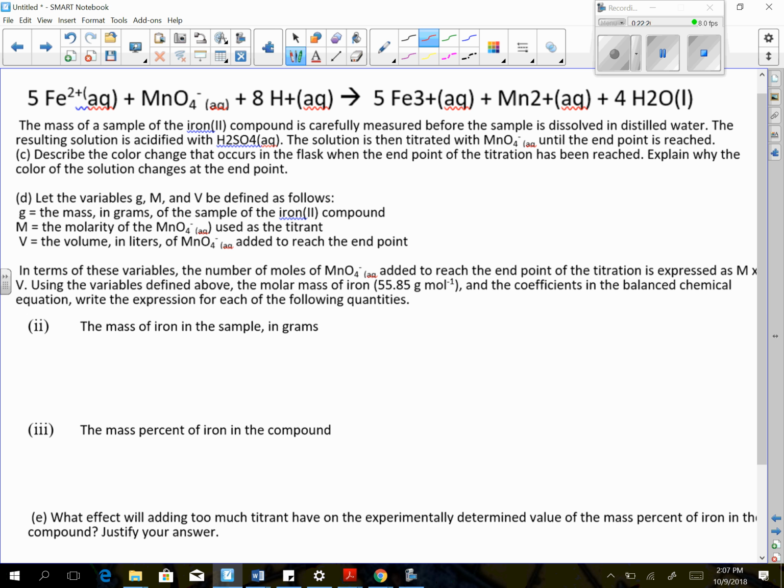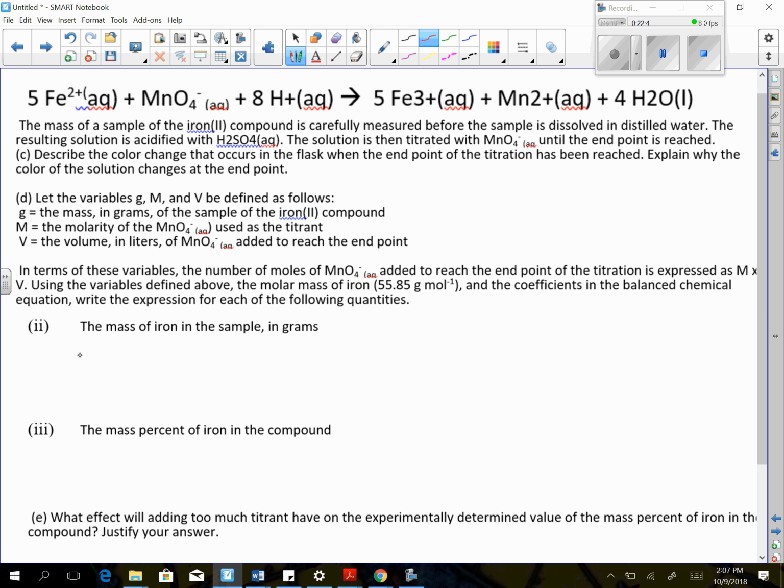So knowing what we know, how would we get there? From what we just did. Would we start out using the moles and then work with the grams? Exactly. So in the last part, didn't we just find the moles of iron? Now we know the moles. Now we can figure out how many grams.